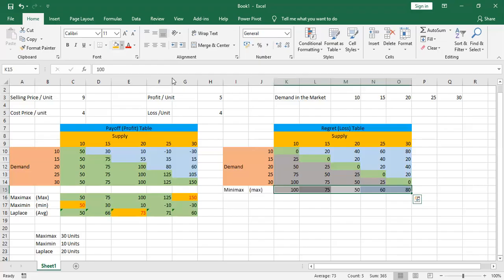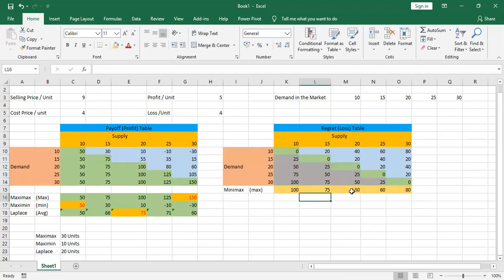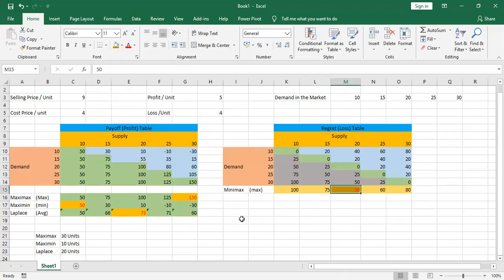In these losses, which one is the minimum loss? Because we prefer the minimum loss out of maximum losses. So in case of the minimax criterion, the answer is 20 units.